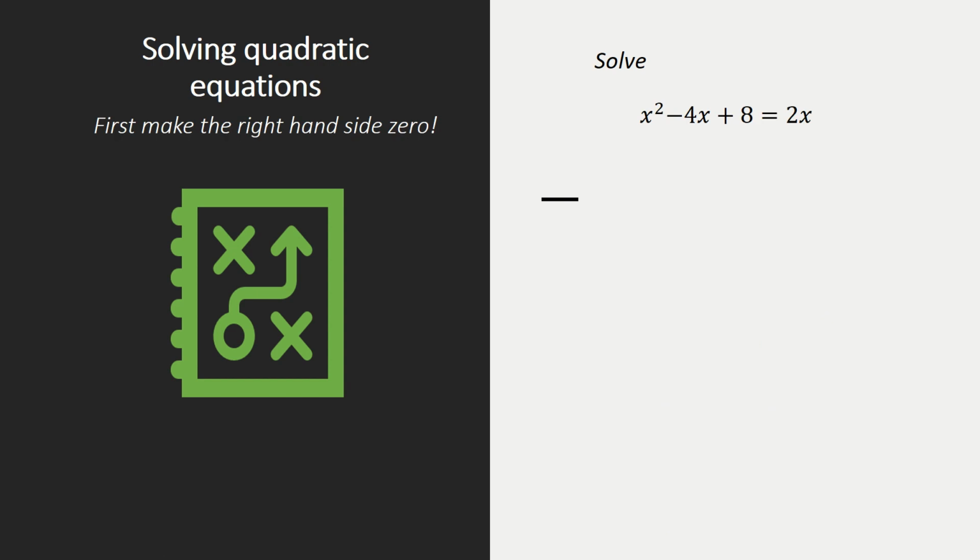And again, you need to solve x squared minus 4x plus 8 equals 2x. So first of all, you're going to make the right hand side 0, because otherwise we do not know how to solve this quadratic equation. So you're going to subtract 2x on both sides because it needs to be in balance.